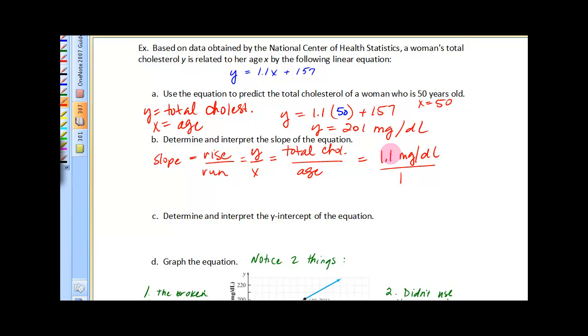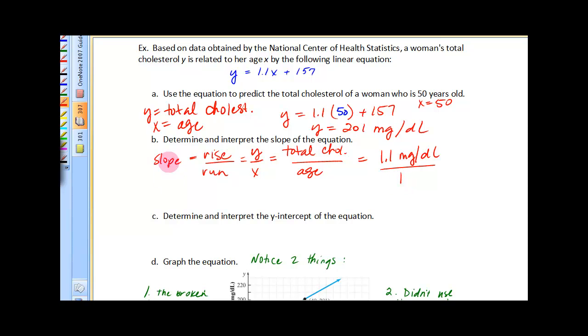So if I wanted to interpret what the slope was, I can go back to, well, what are my y's and what are my x's? My y's are total cholesterol for a certain amount of age. And this slope says that there's 1.1 milligrams per deciliter of total cholesterol for every 1 year of age.